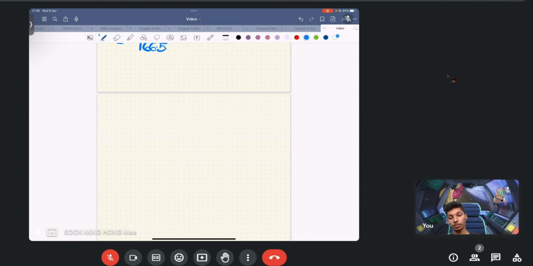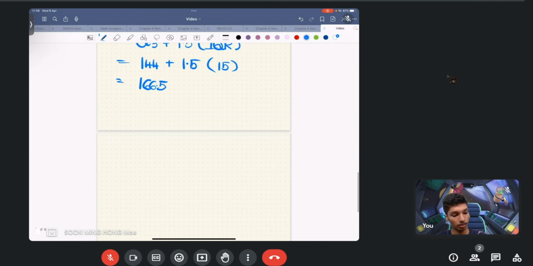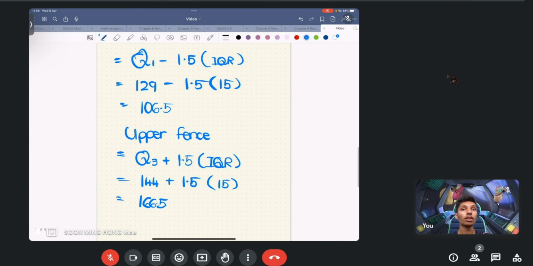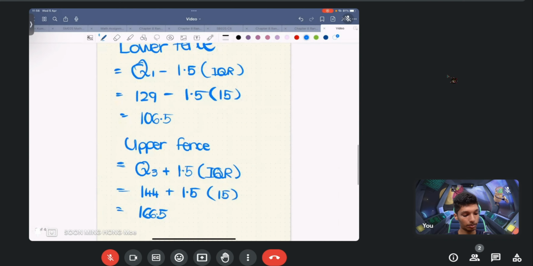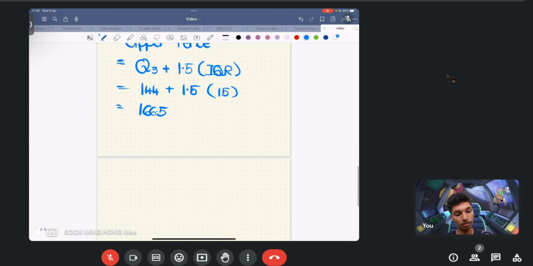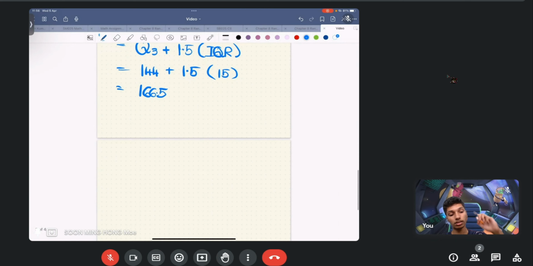Now we are going to find the minimum and maximum value. So as we saw earlier, your lower fence is 106.5 and your upper fence is 166.5. Means you can take the value from 106.5, which is minimum, up to 166.5, which is your maximum value.